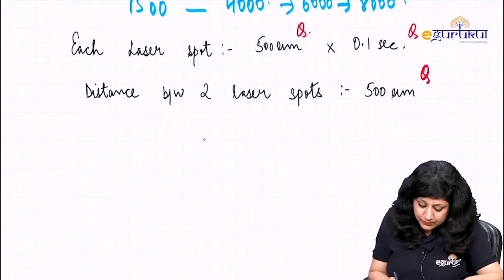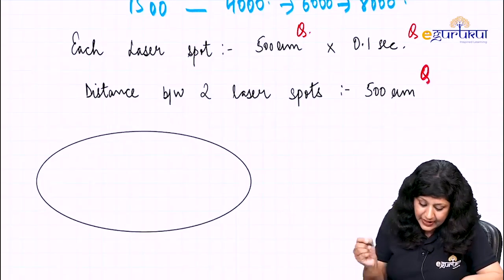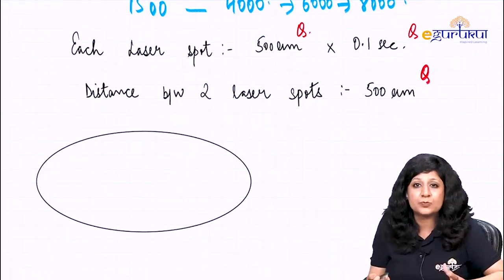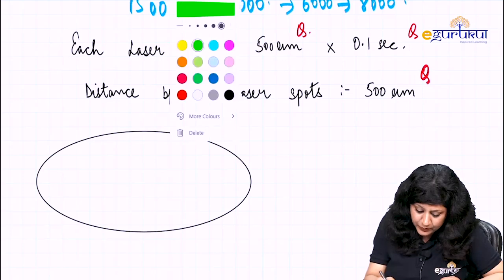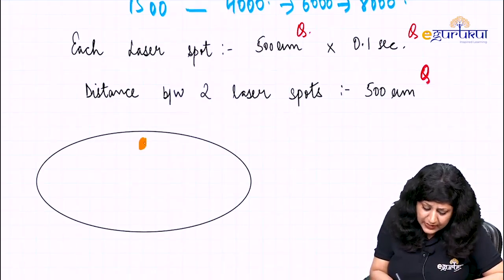Suppose this is the retina and I want to give the laser spots. When you give these laser spots, that area is converted into a blind spot.